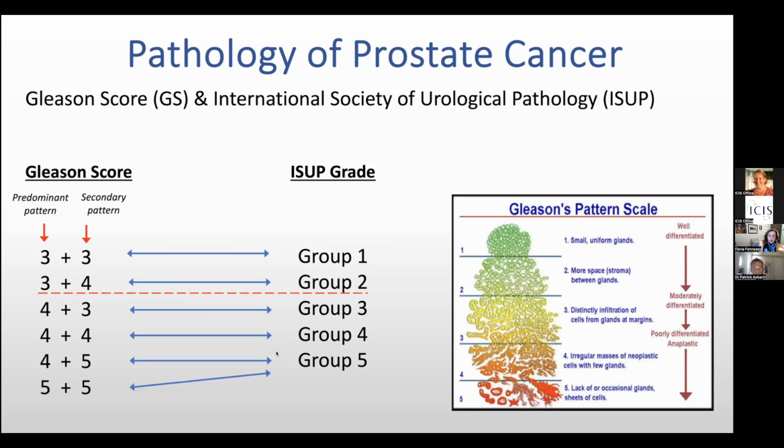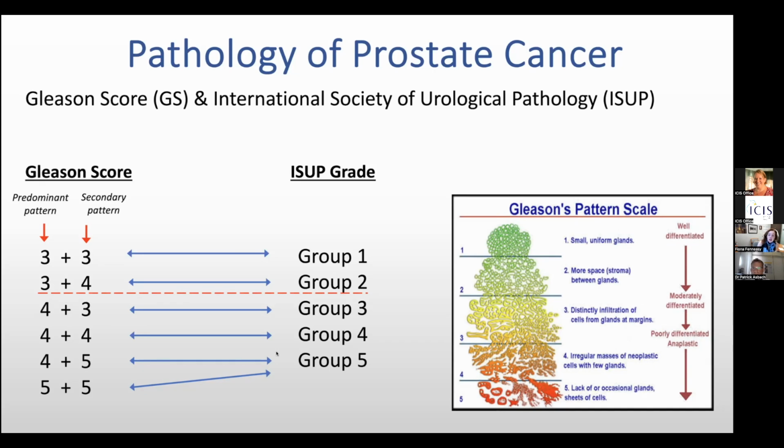But what is the predominant pattern and the secondary pattern? And what we now use is ISUP. So anything that's group 1 or 2 is really considered non-significant or non-clinically significant prostate cancer. Once you hit into grade group 3 and above, you're really then hitting into something that absolutely has to be treated.